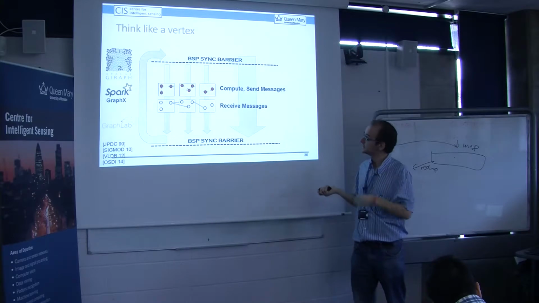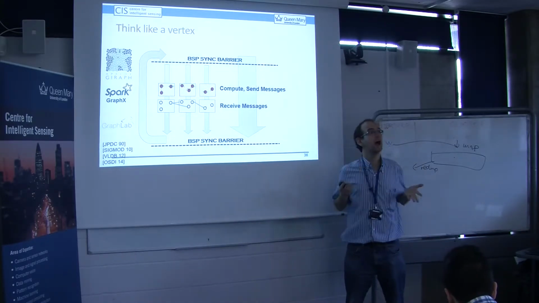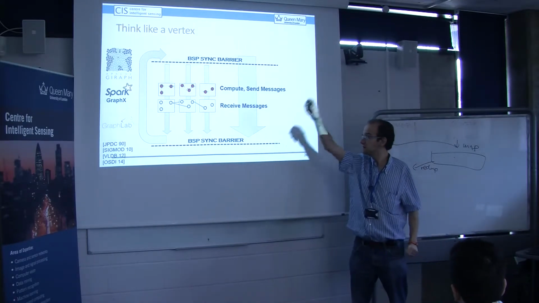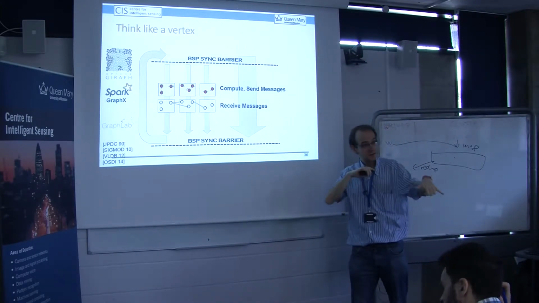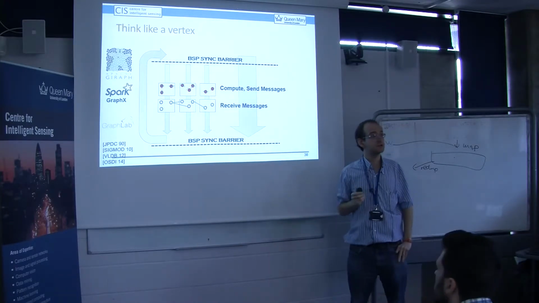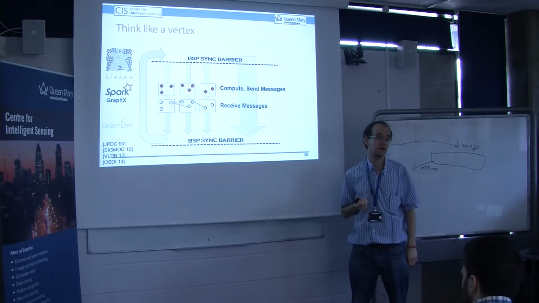But this think like a vertex idea provides us a higher level interface. We know we will have as many cycles as we need, and we have this message send and receive mechanism to make sure that everything is communicating nicely.